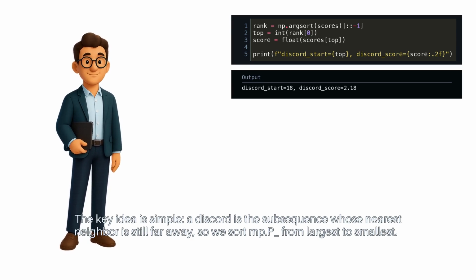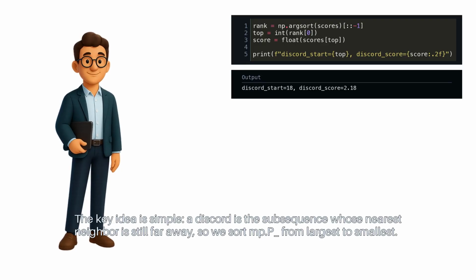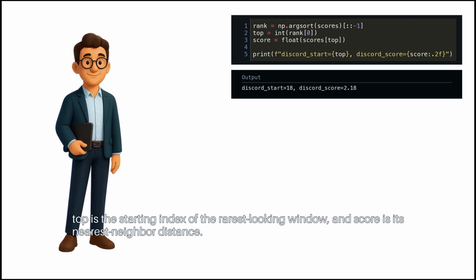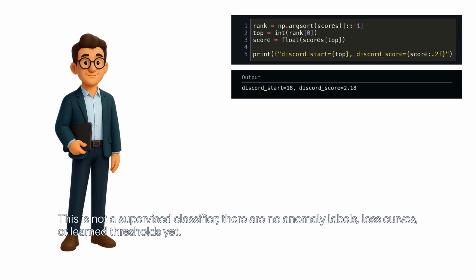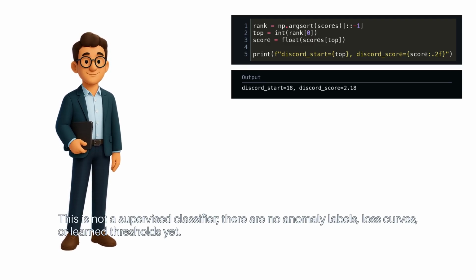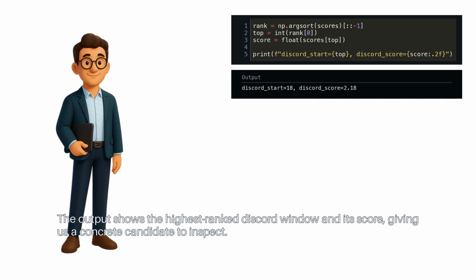A discord is the subsequence whose nearest neighbor is still far away, so we sort mp.P from largest to smallest. top is the starting index of the rarest looking window, and score is its nearest neighbor distance. This is not a supervised classifier. There are no anomaly labels, loss curves, or learned thresholds yet. The output shows the highest ranked discord window and its score, giving us a concrete candidate to inspect.